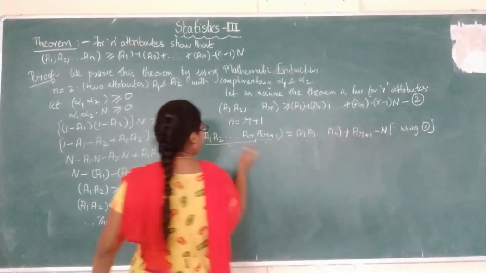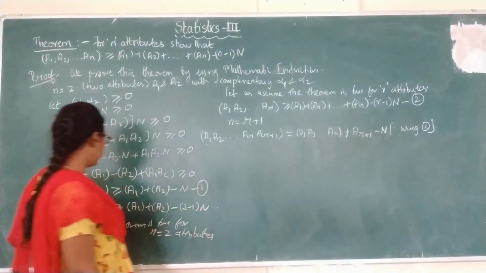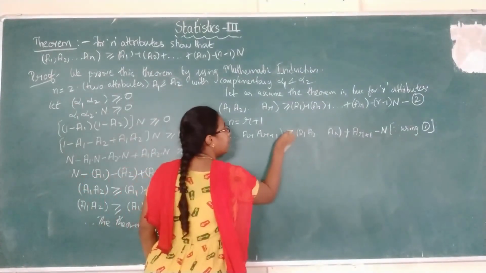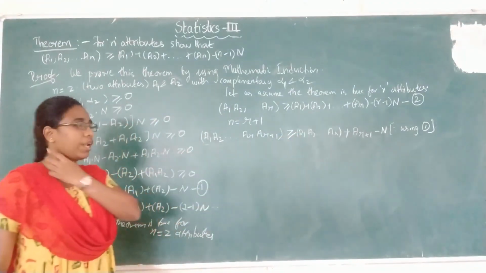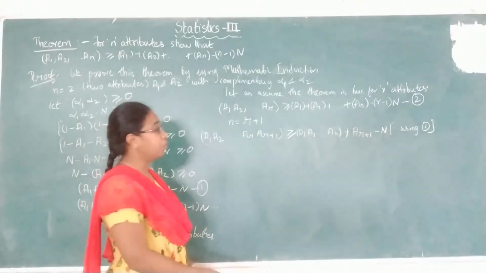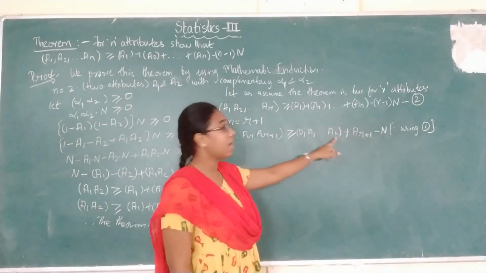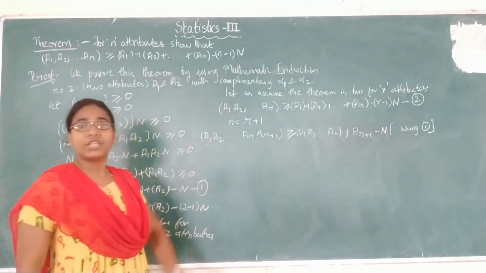So next, this value is greater than or equal to that value. Now by using equation 2, if you observe this value a1, a2, so on up to ar, this is nothing but the equation 2 value.